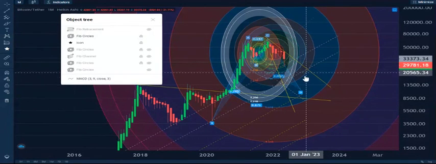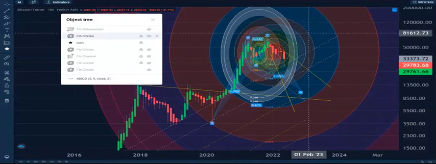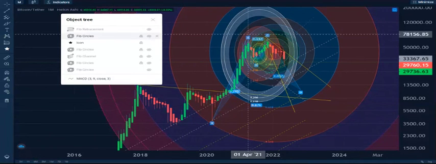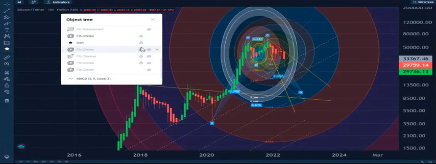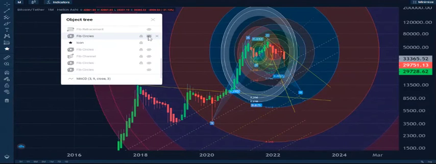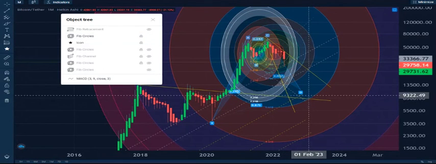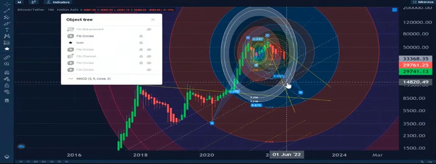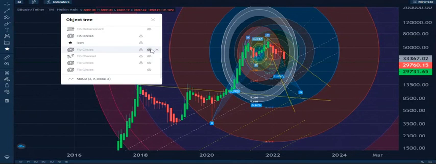But here we have a major circle, this ring right here, which has arrested Bitcoin and kept it. These rings are important areas of where we can expect resistance. So let's just move on. Let's have a look at another one.